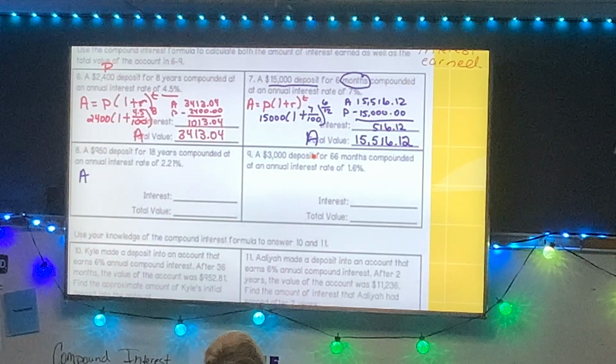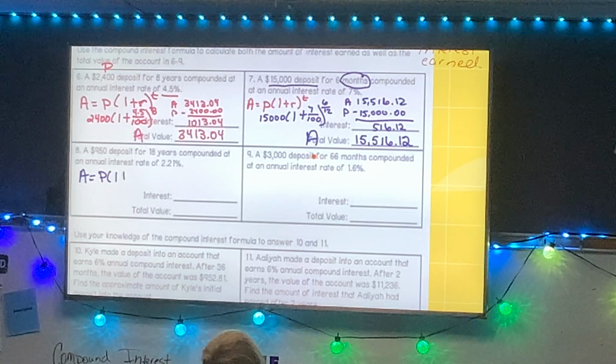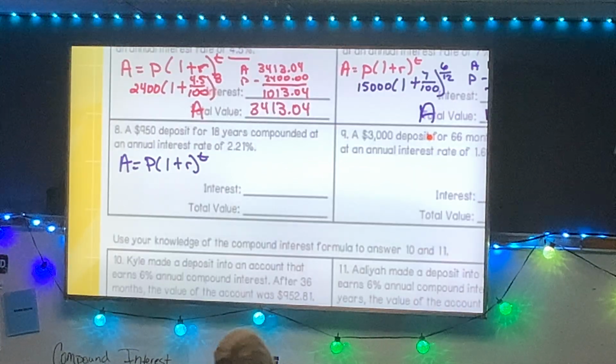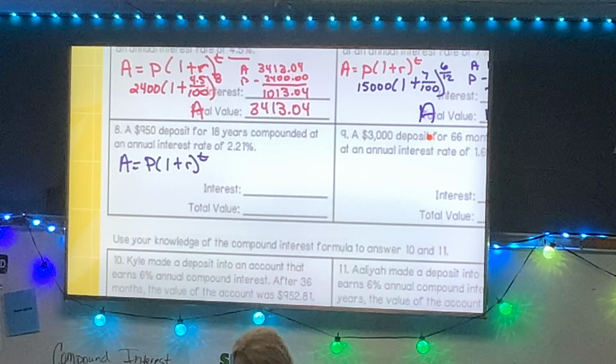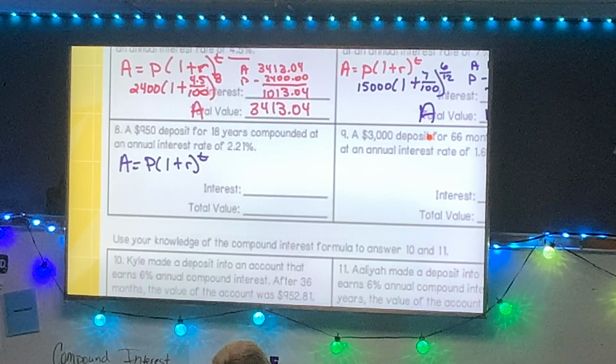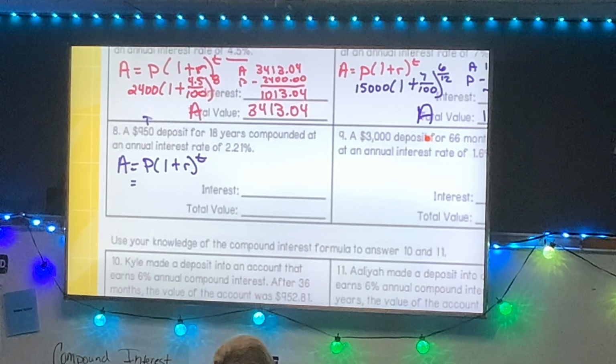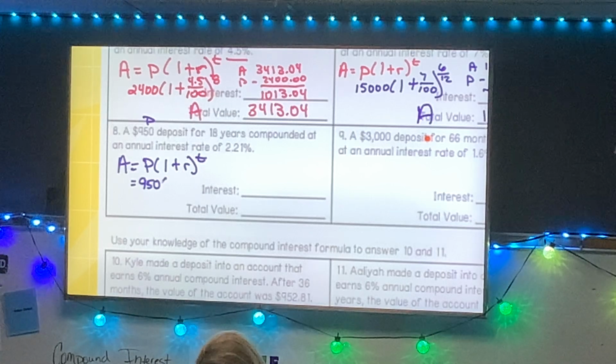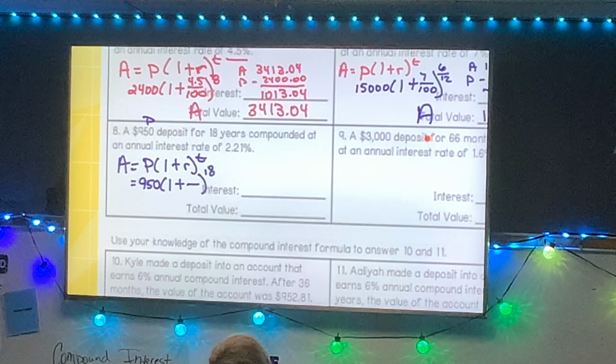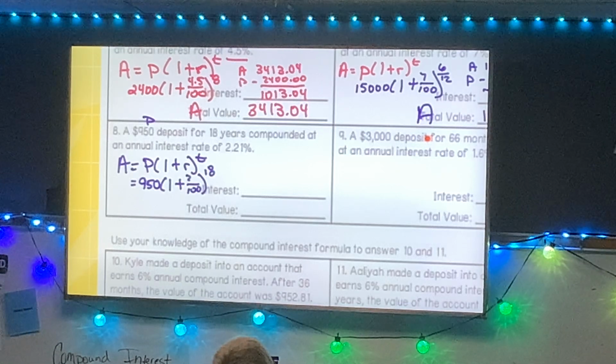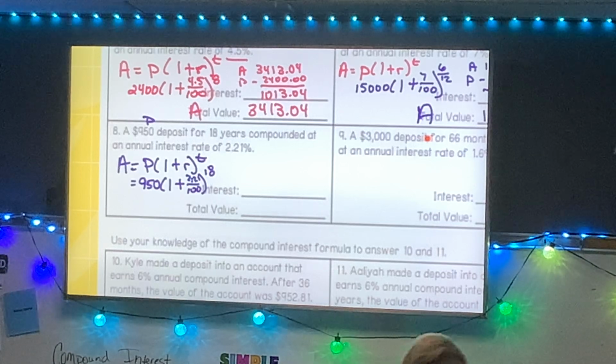Okay, A equals P times (1 plus R), T for time. We put in $950 for 18 years at a 2.21% rate.